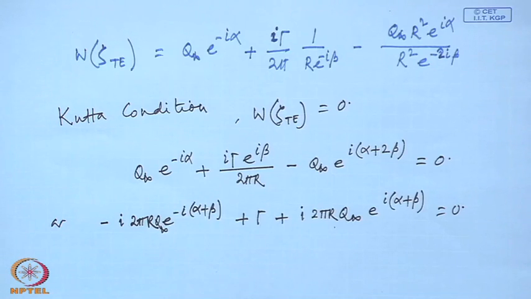Okay. So, what is gamma now? Gamma equal to 2 pi r q infinity, so much.